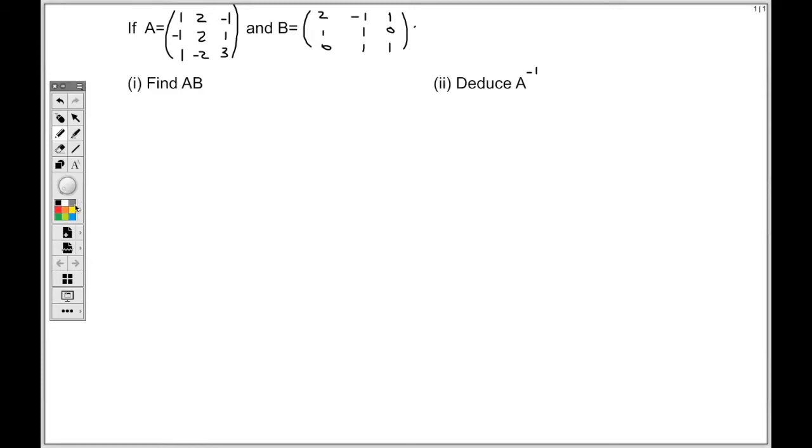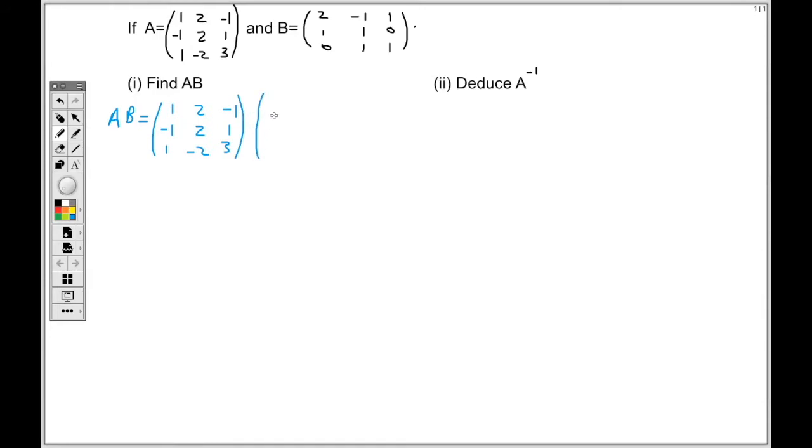So let's look at part 1. To find AB, I am going to set the matrices side by side. So A is 1, 2, -1, -1, 2, 1, 1, -2, and 3.